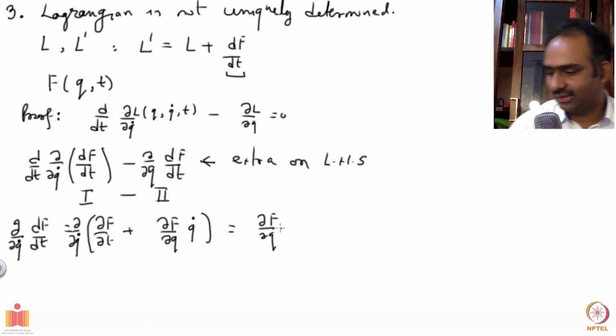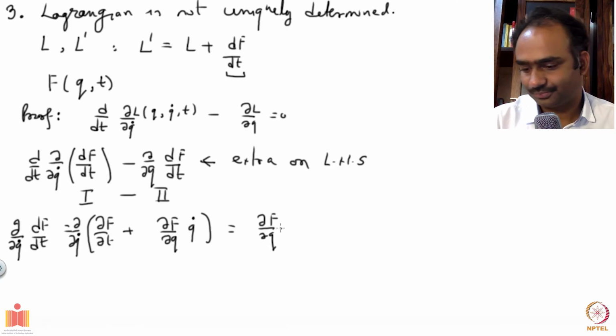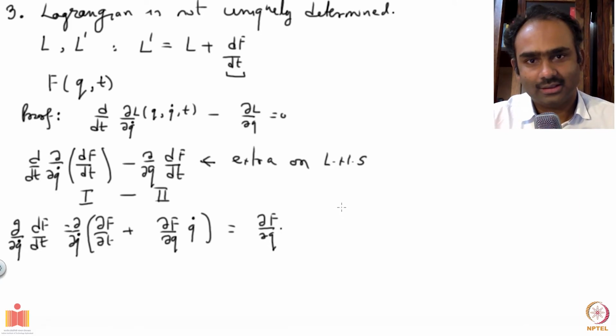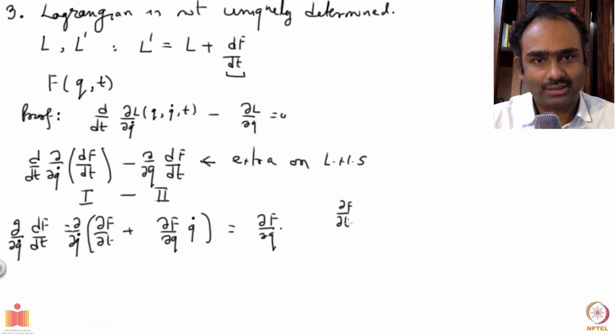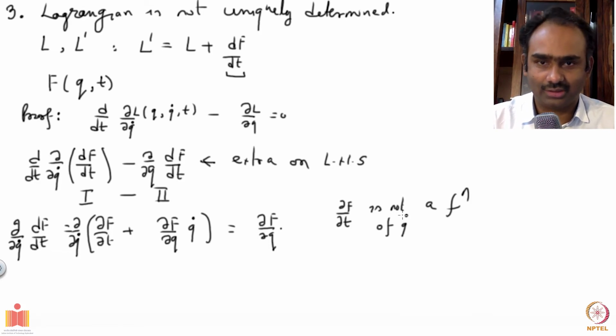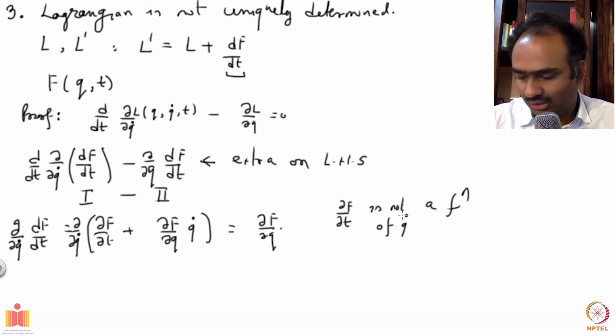So I get del f over del q. And as I said, del f over del t is not a function of q dot. It's not a function of generalized velocities. That's good.